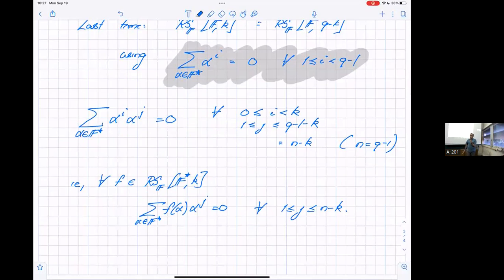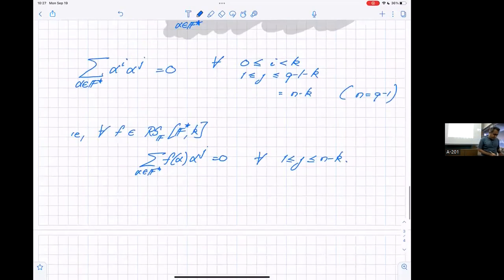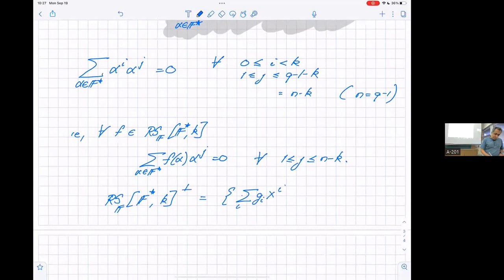All I'm claiming is that the dual of RS F star k is this object: the evaluations of the summation over i of g_i x power i, going from 1 to n minus k, where the g_i's are in the field.